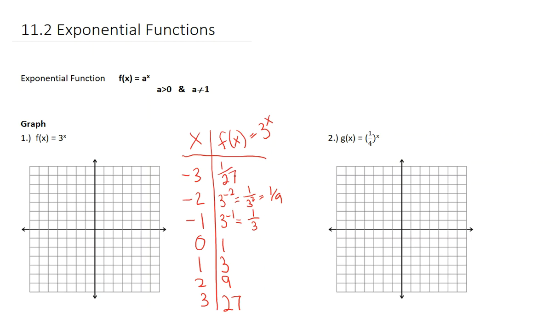All you're going to do is plot the points. Some of these points are going to be off the chart, so I don't expect you to have every single one of those. Some of them, like 1/9 and 1/27, we're just going to do the best we can. 27 is way off the chart, so I'm not even going to show you that.